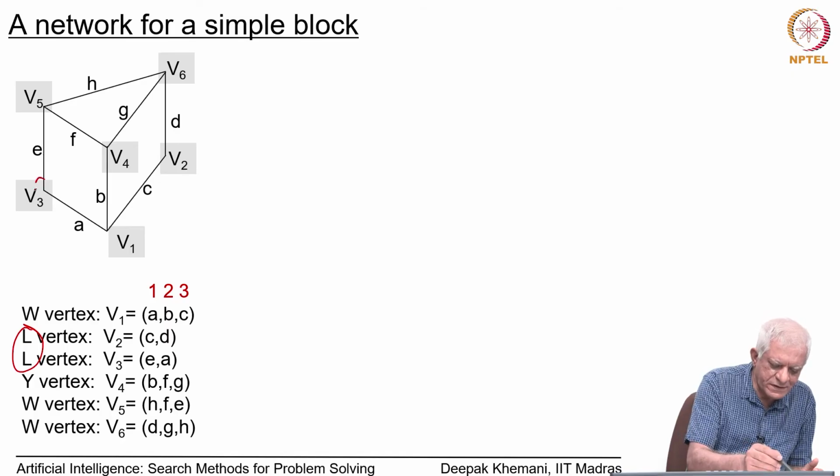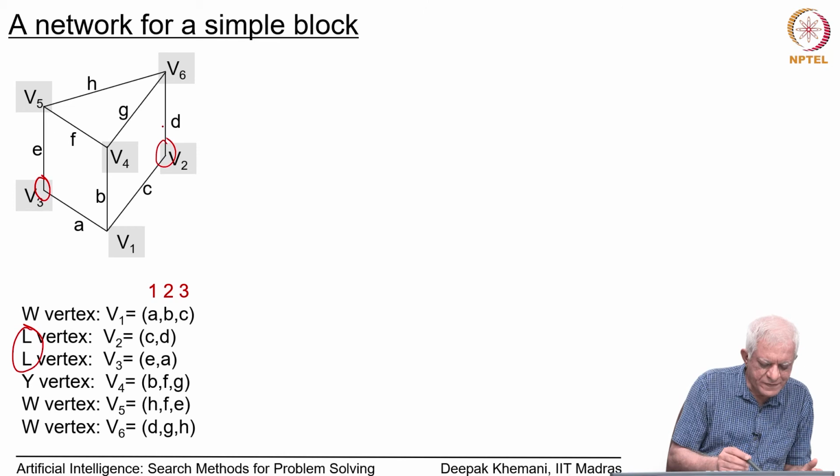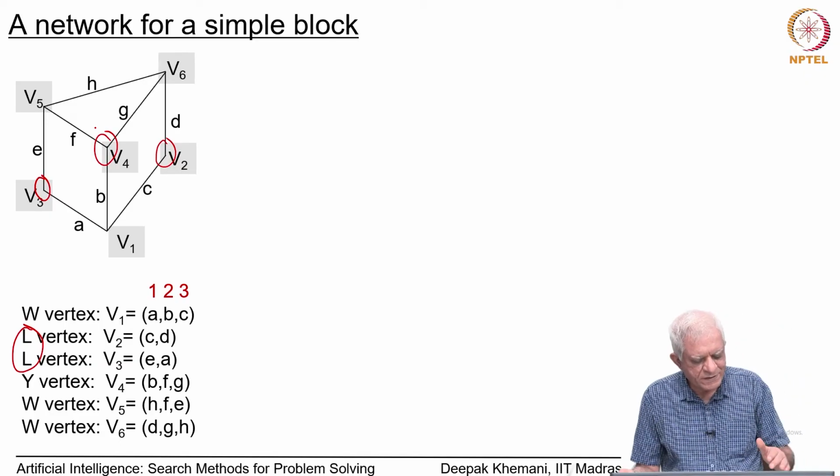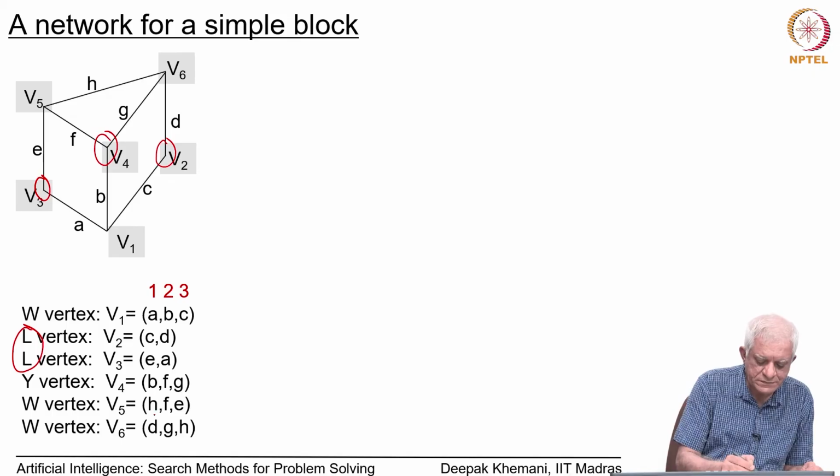As you can see, this is L and V2 is L. One of them is a Y vertex, which is the center one, and the other 3 are W vertices. And these are the names of those 3 edges that we are talking about, and of course, we have to find values for them.